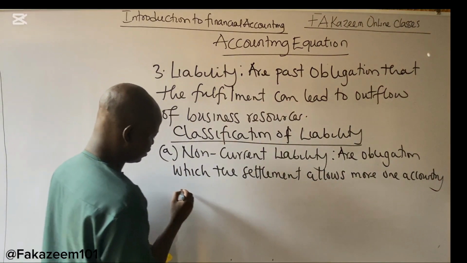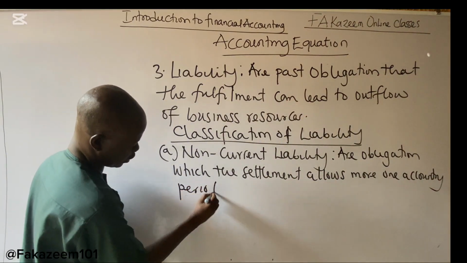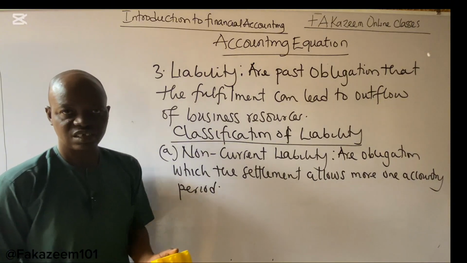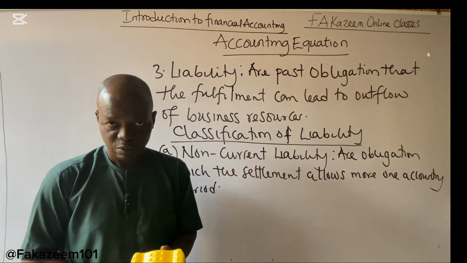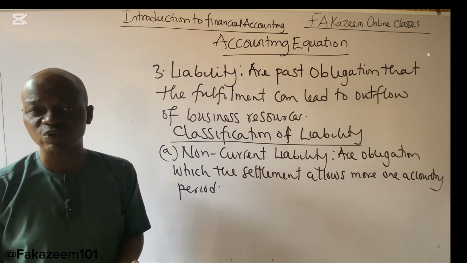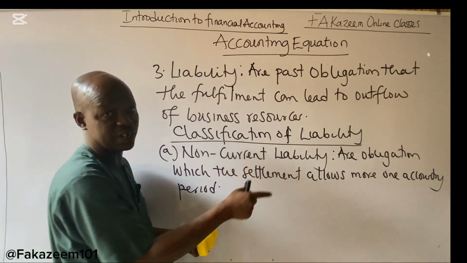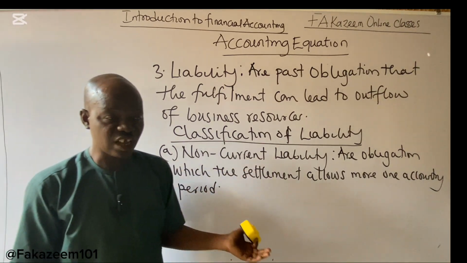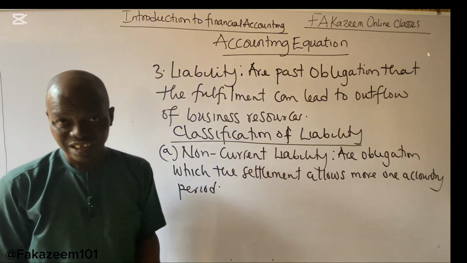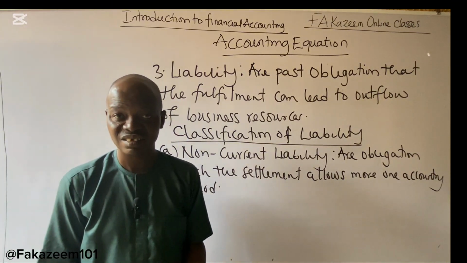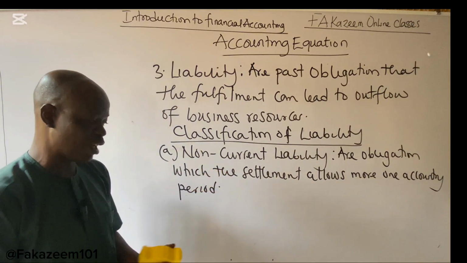More than one accounting period. What we mean is this: any money you borrowed, but you are allowed to pay back within 5 to 10 years, we know it as what? Non-current liability. Some textbooks call it long-term liability, but the new IFRS term is non-current liability.